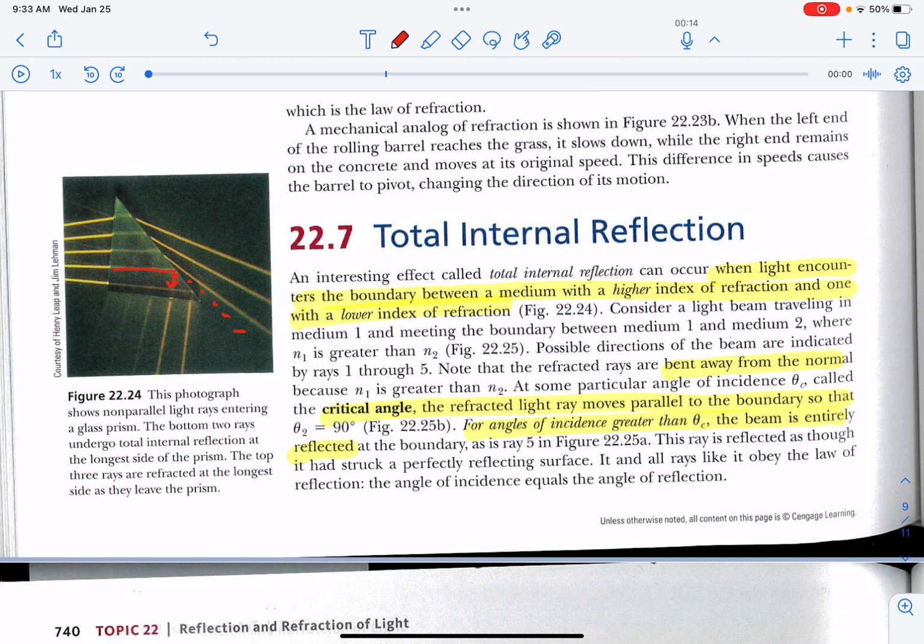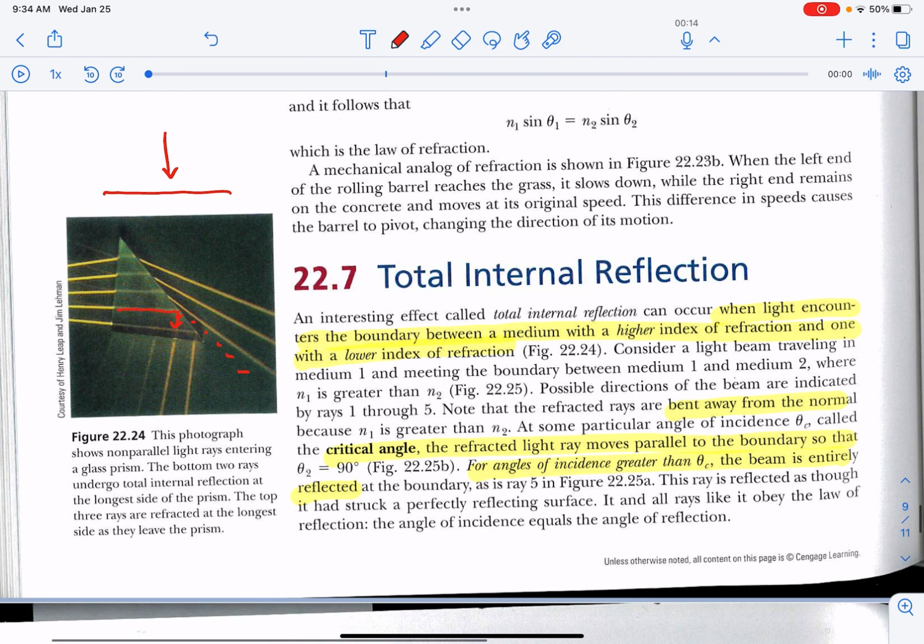And you can kind of observe this if you see a big plane of glass and you're looking at it straight on. Let's say this is a plane of glass, and you're looking at it directly from this position right here, that as you move sideways and increasingly look at the pane of glass from an angle, at some point when you look at the pane of glass, you're going to see something out here.